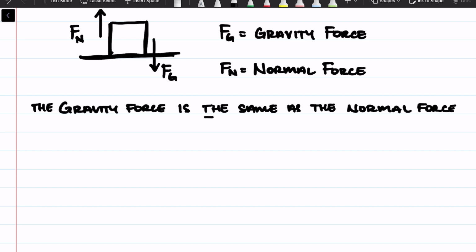And I'm going to underline the word "the same" there, because we can then slowly turn this into a word equation, and we are going to say that gravity is equal to normal force.